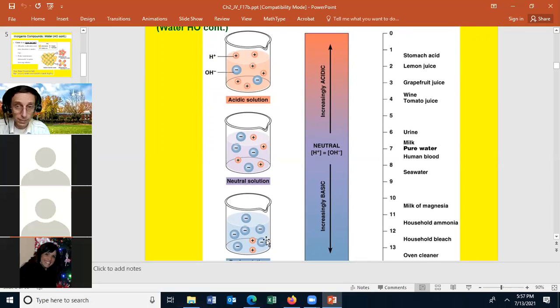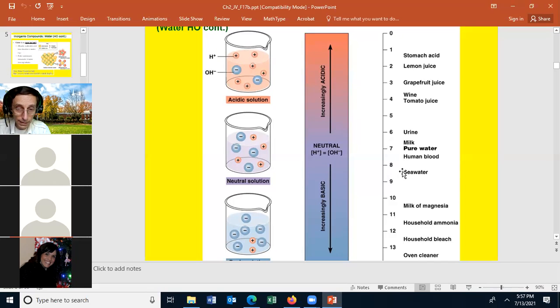All right, so this is a pH scale, and you can see that anything from 0 to 7 is acidic. Stomach acid, lemon juice, grapefruit juice, tomato juice. Milk is slightly acidic. Pure water, freshly distilled water, will be a pH 7. The blood is very slightly alkaline.